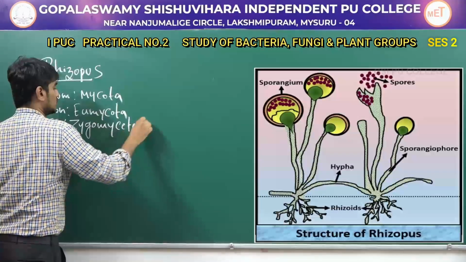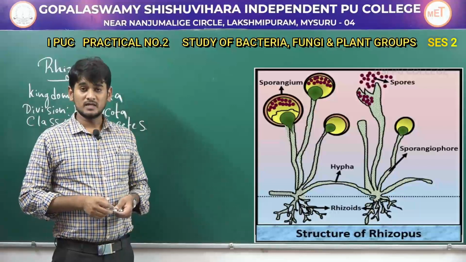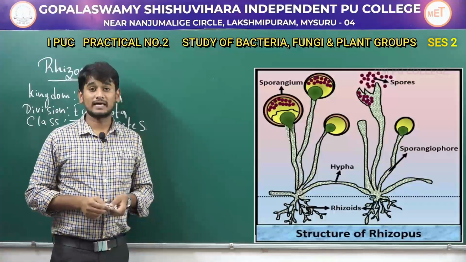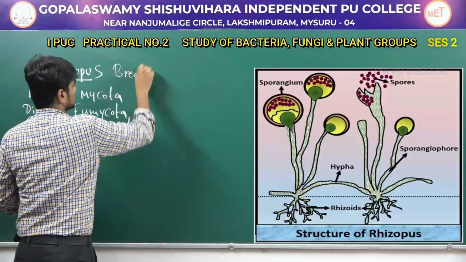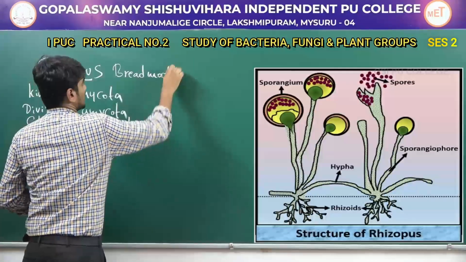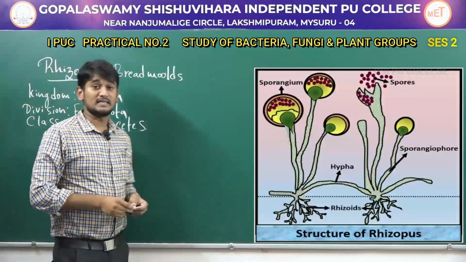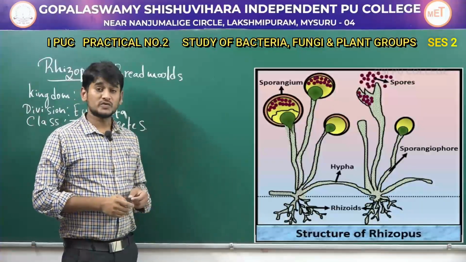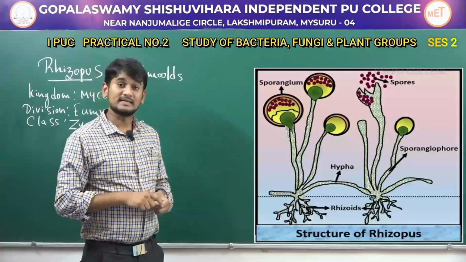On the right side, you can observe the picture of Rhizopus. Rhizopus is commonly called bread mold. The fungal body is called mycelium. The thallus shows an interwoven mass of hyphae that is called mycelium.